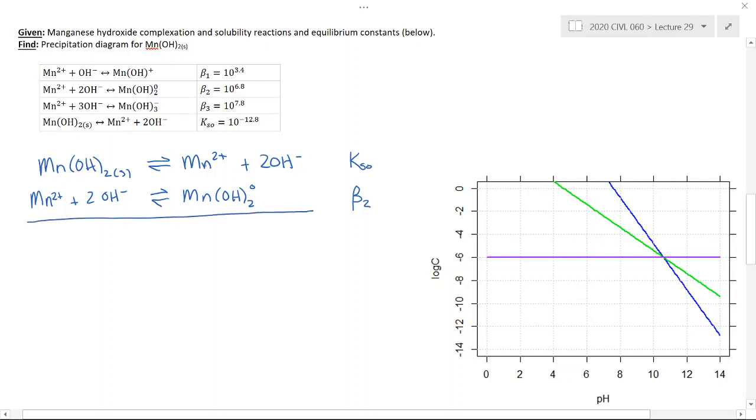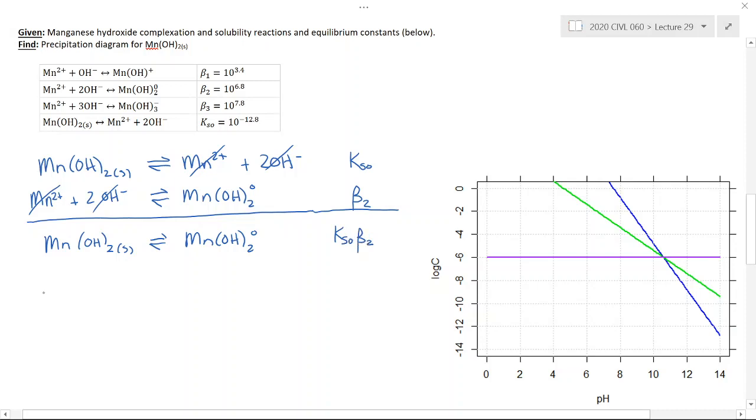So when I add those together, the free ion cancels out, and so do the hydroxides, and I'm left with manganese hydroxide solid in equilibrium with the manganese hydroxide complex. And the equilibrium constant for this reaction is KSO times beta 2.